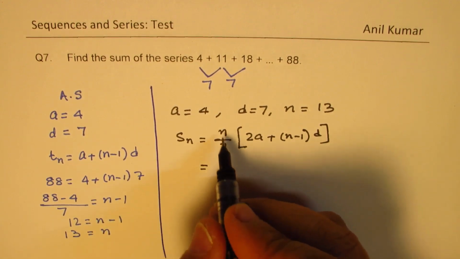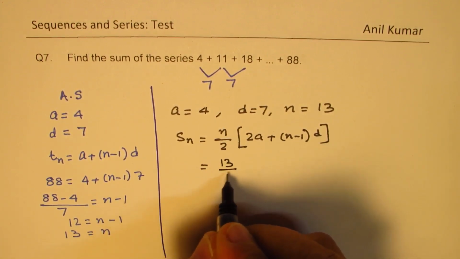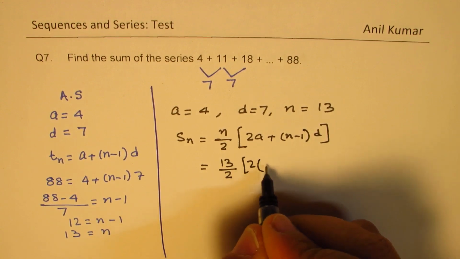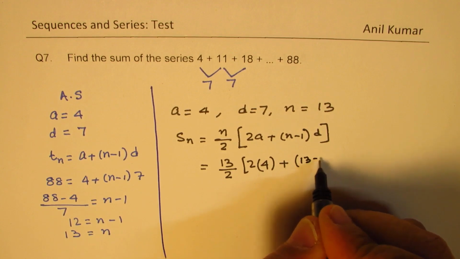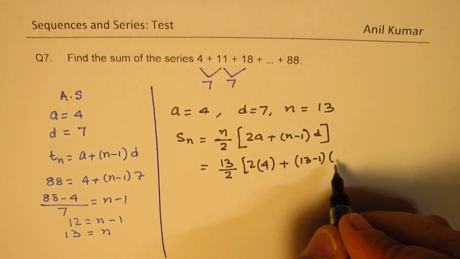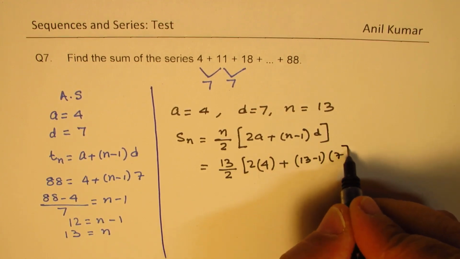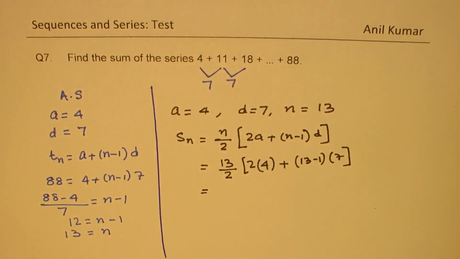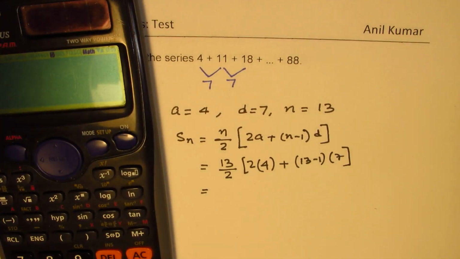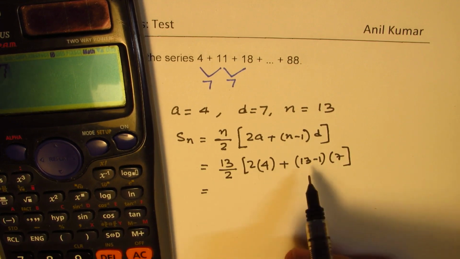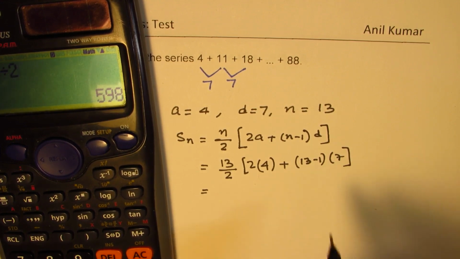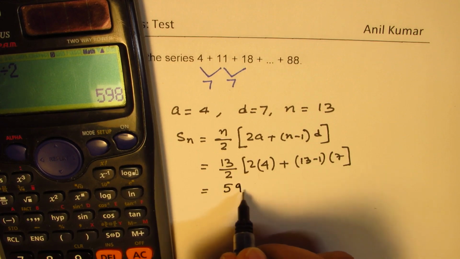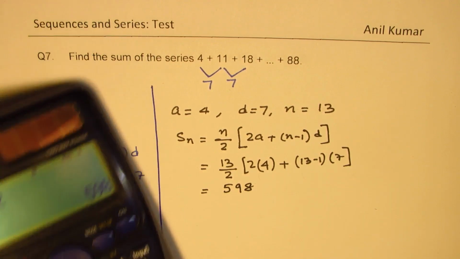So we have n is 13, 13 over 2 times 2 times 4 plus 13 minus 1 times d, which is 7 for us. So we have 12 times 7 plus 8, and then we multiply it by 13 and divide by 2. So we get this answer as 598, right? So that becomes the sum.